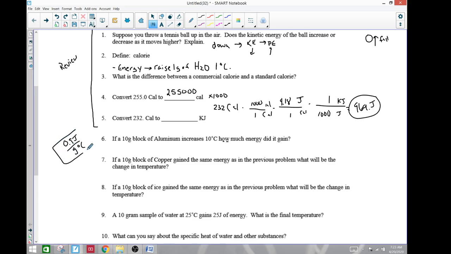It is important to know that number, but it's really important to understand these units. That's the energy to raise 1 gram of aluminum 1 degree Celsius, 0.9 joules. So this we call the specific heat.